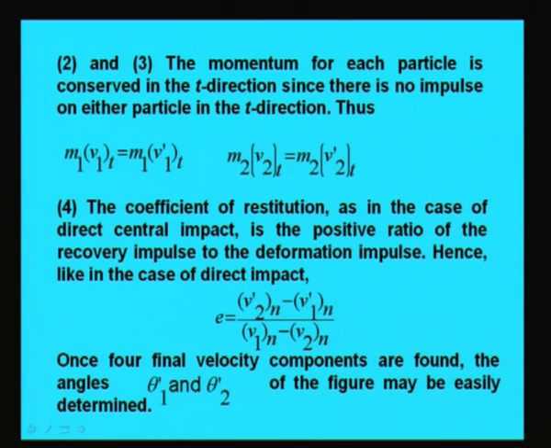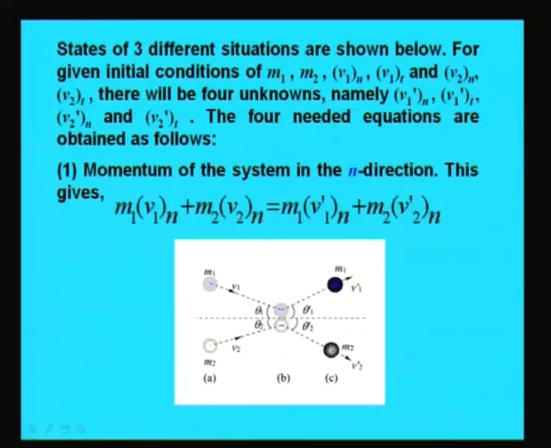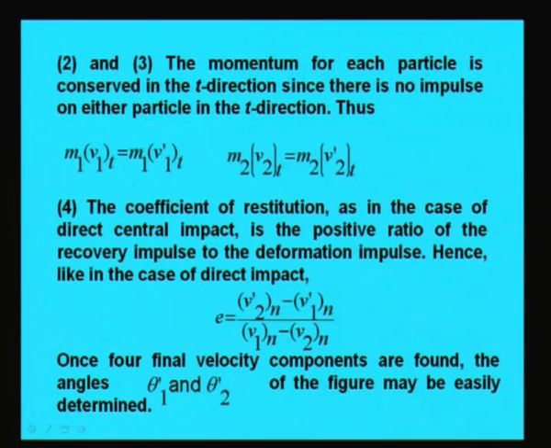So we have now got 4 equations. One is that the normal momentum remains conserved. Then for the 2 particles separately we have written the tangential equations. If friction is known, then we have to know the friction force and by that we find the change in velocity.